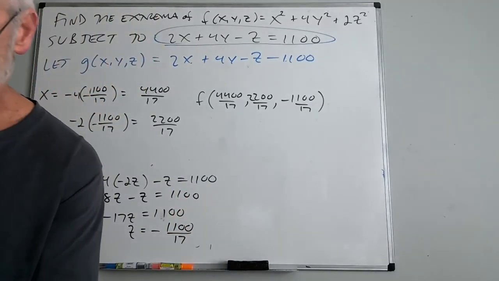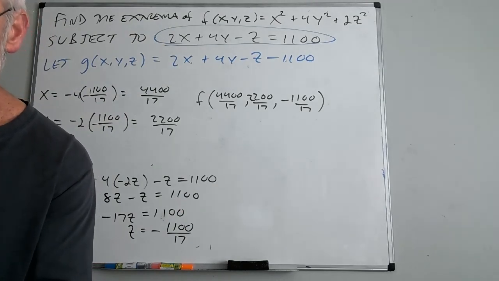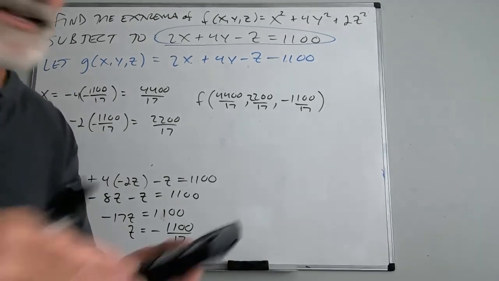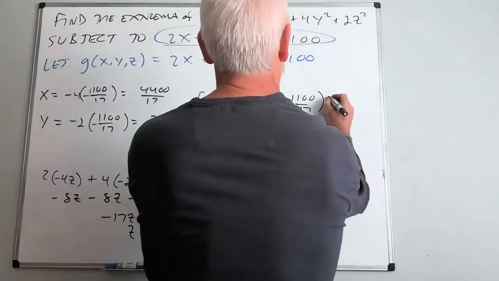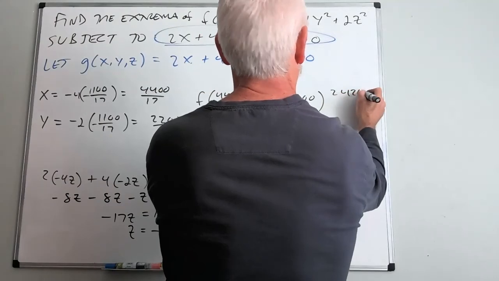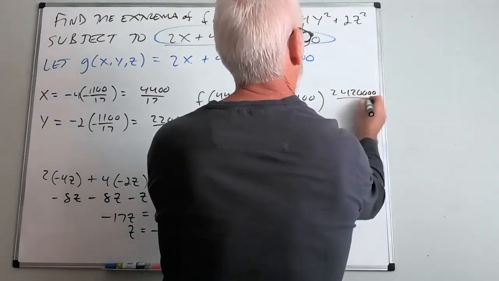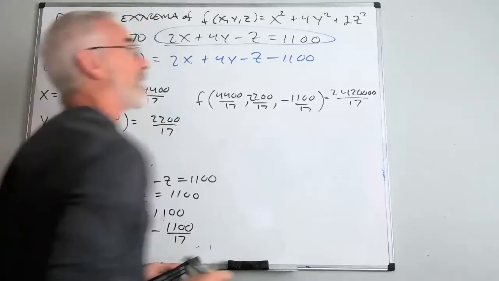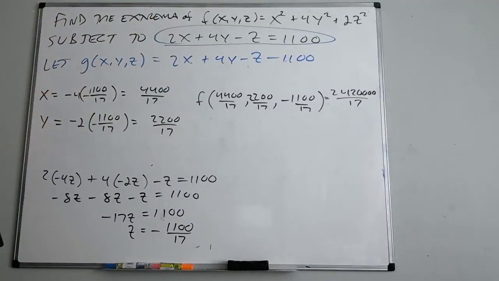So when I put that into my handy calculator and reduced it, this came out to be 242,000,017. Okay, that's what I got. I'd say that's a big yikes.